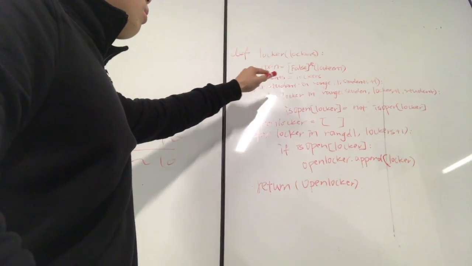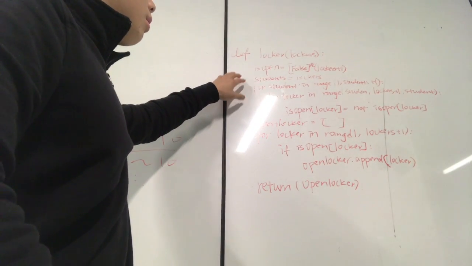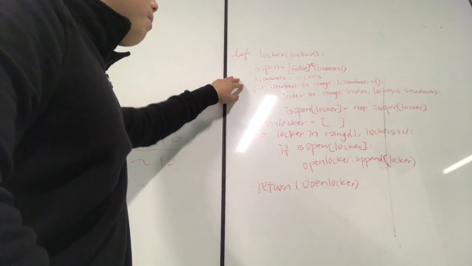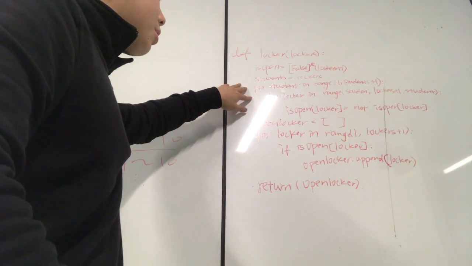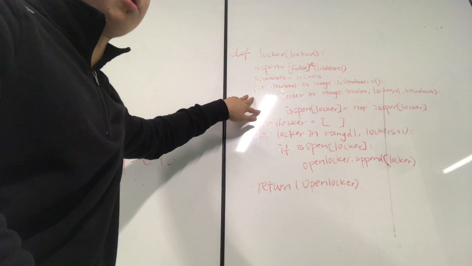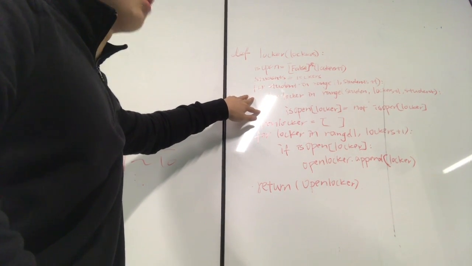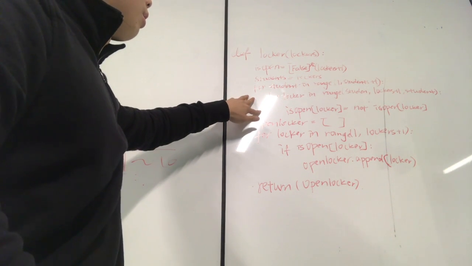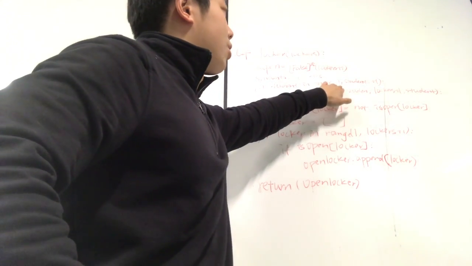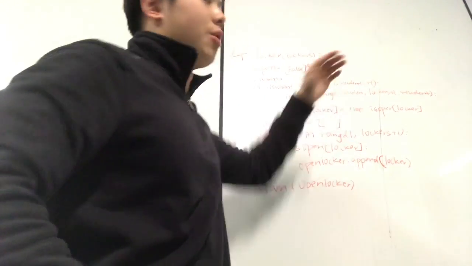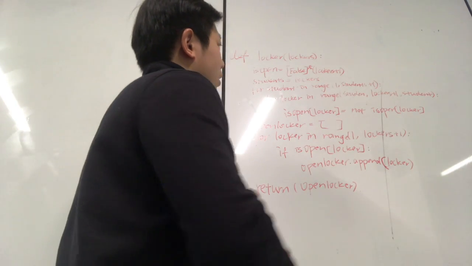And then we have the same number of students as lockers. Here is the process of the students changing the status of lockers. First, we go through each student, from student 1 to student 2 and to the last student.